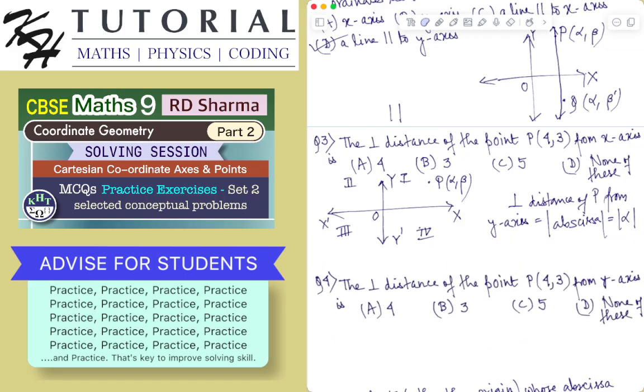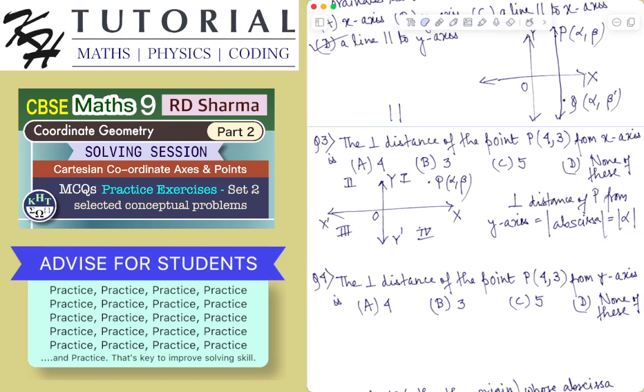Okay. Similarly, the perpendicular distance of the point P from the x-axis is modulus of ordinate or y coordinate, which in this case is modulus of beta. This concept you must know very clearly. So it is always modulus.